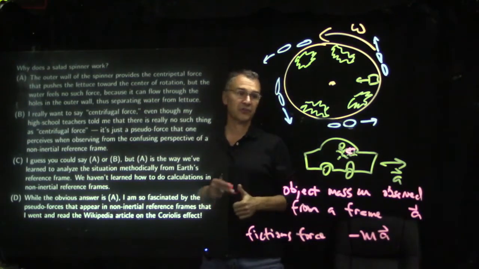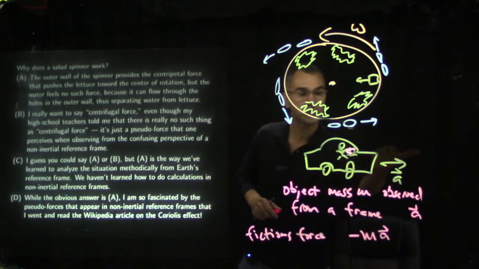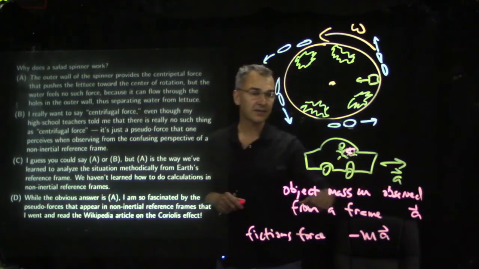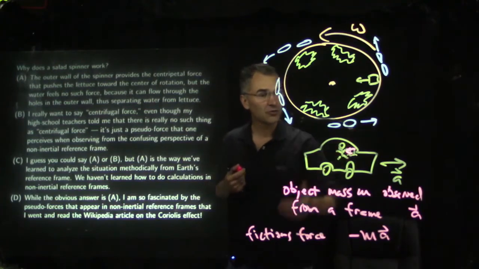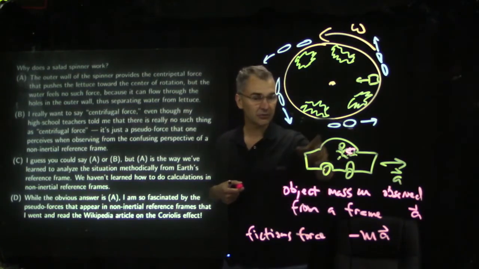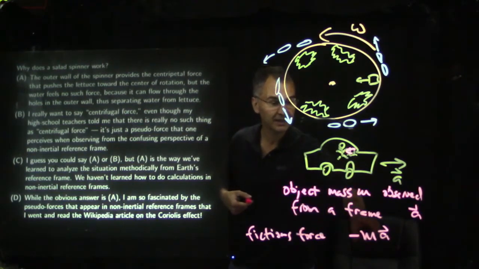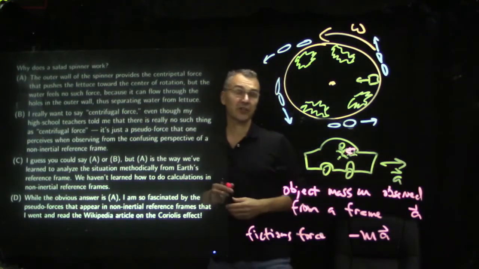In other words, if I am the coffee cup sitting here in the car, and the car is accelerating forward with an acceleration a, then if you want to analyze what you think you see happening from the perspective of the inside of the car, it actually looks to you as if the coffee cup experiences a force ma, where a points opposite the acceleration of the car.